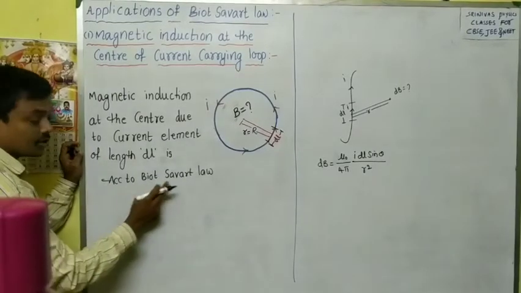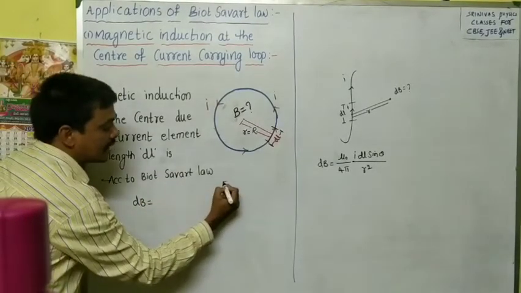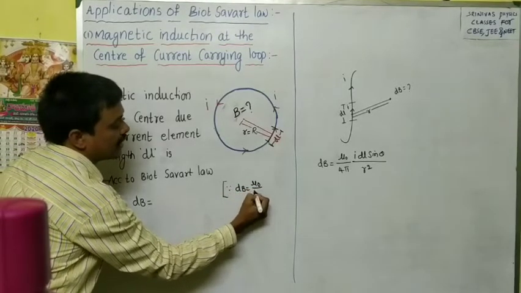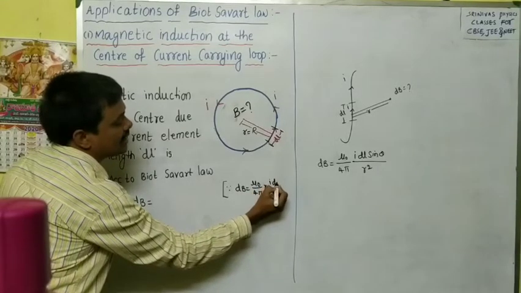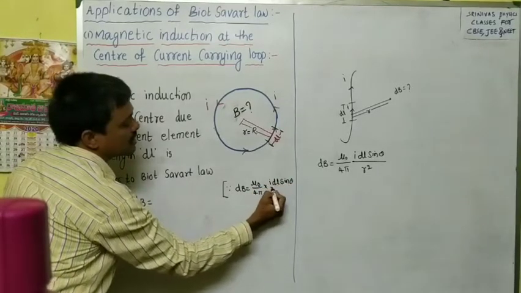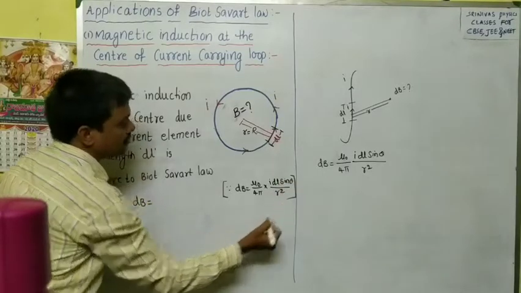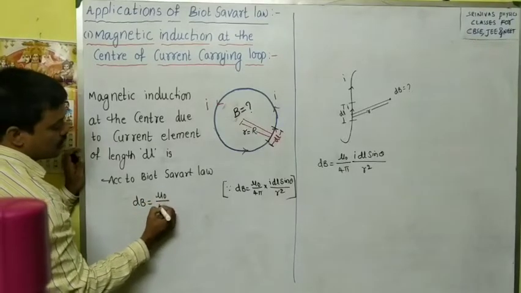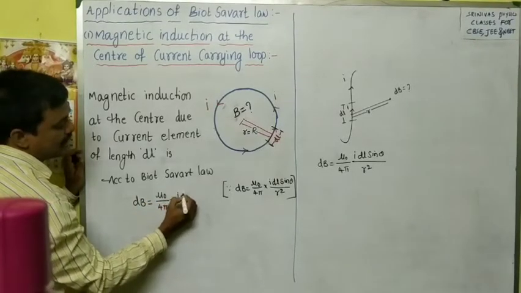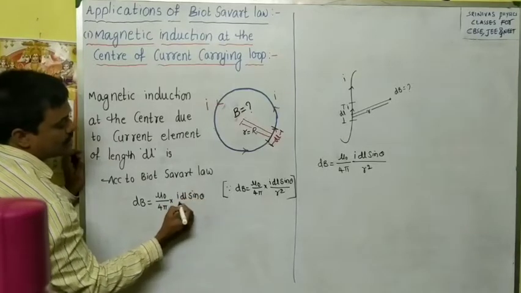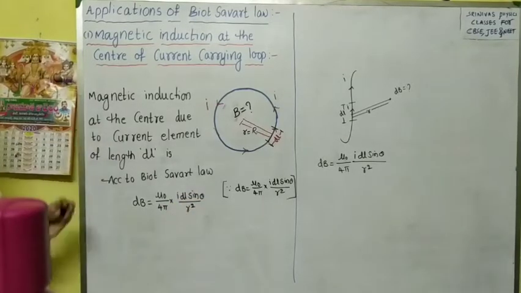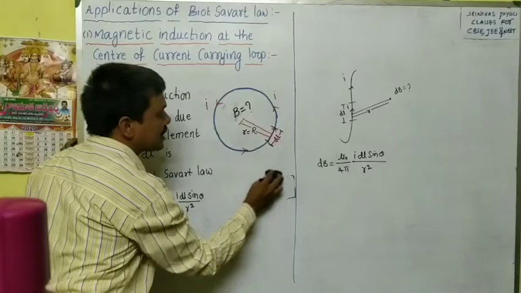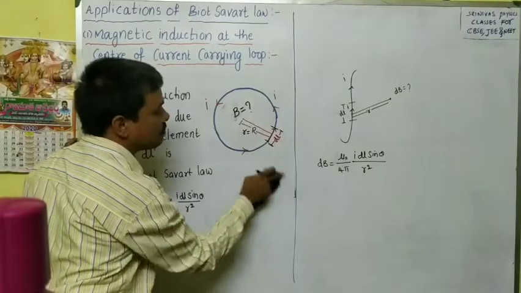What is the magnetic induction due to the small element? According to the Biot-Savart law, the formula is dB = (μ0/4π) × I dl sin θ / r². This you already know. This is the magnetic induction due to a current element of length dl.